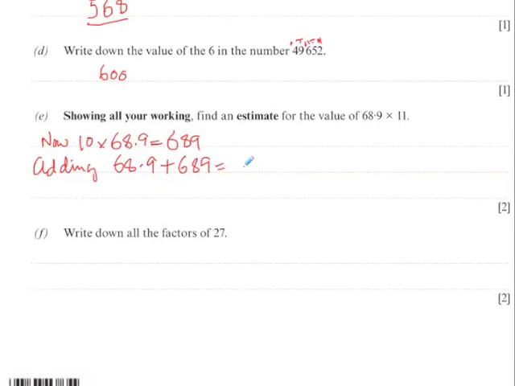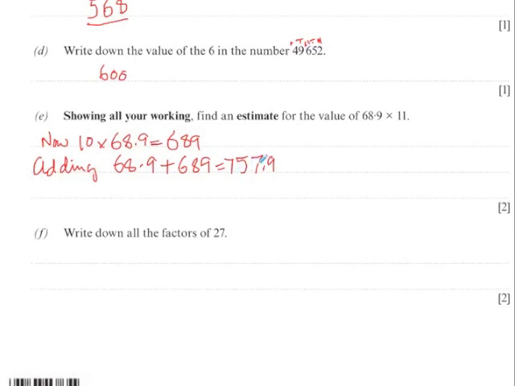You may want to do this one under the other, but I can show you that that is simply, let's see, we're left with 0.9. 9 plus 8 is 17, carry 1. 8 plus 6 is 14, plus the 1 is 15, carry 1. And 6 plus 1 is 7. So you can actually get an accurate answer very quickly.